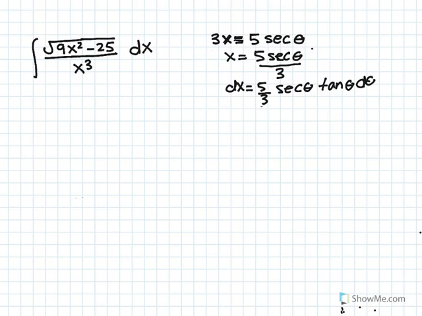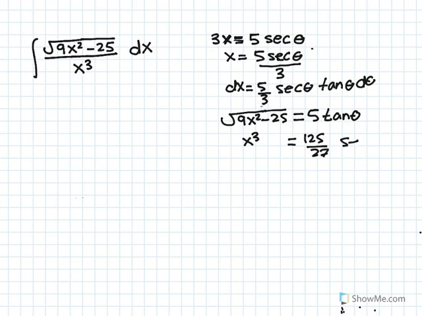And the root of 9x squared minus 25, that's the numerator of the integrand. We showed earlier that this is just equal to the trig function 5 tan theta, and the denominator of the integrand, x cubed, we showed is equal to 125 divided by 27 secant cubed theta.